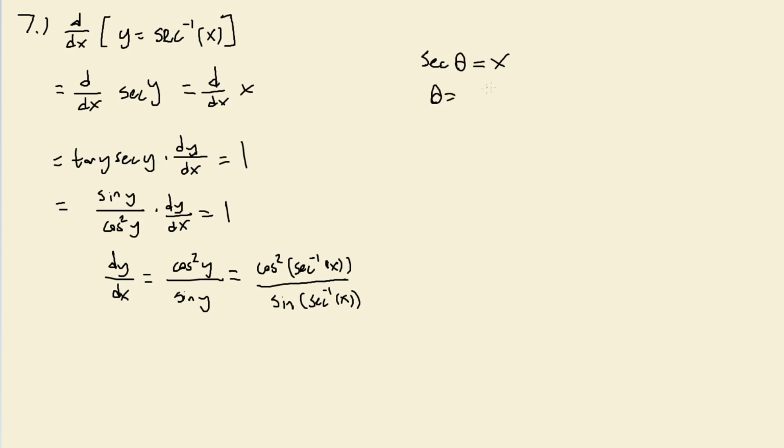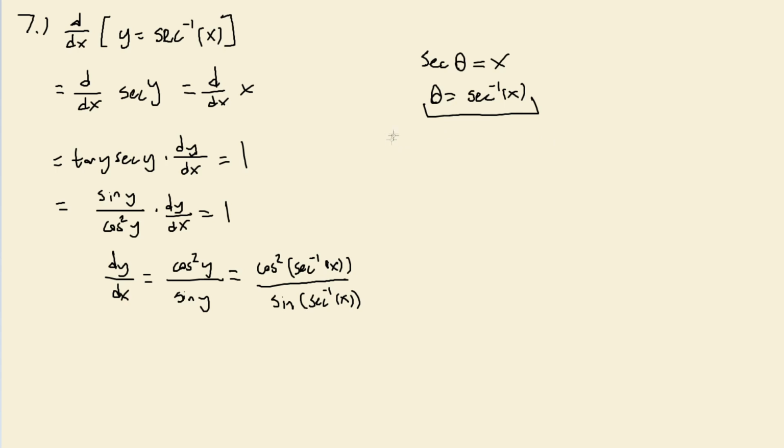And then on the right side here, this is equal to the inverse secant of x. And so if I can construct a triangle where secant of theta is equal to x, then I can use this fact to plug in theta into this equation, and then I can use cosine and sine on that triangle, which is very easy to work with, in order to finish out this proof.